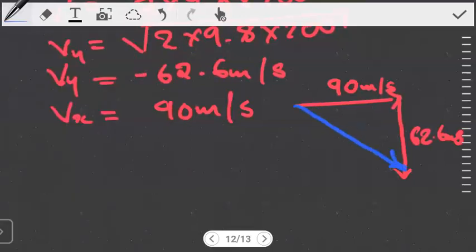To get this velocity, we combine these two by Pythagoras' theorem. So the longer side is going to be equal to the square root of the two shorter sides squared. This plus negative 62.6 squared.